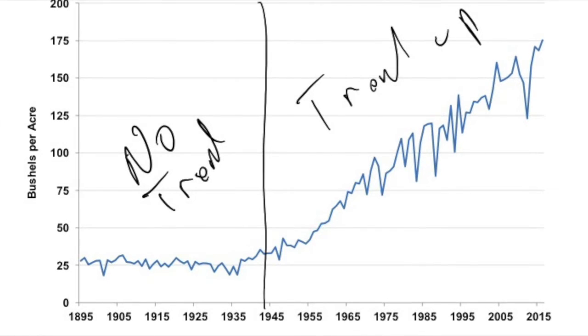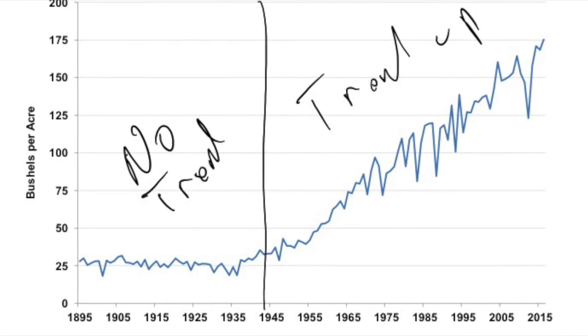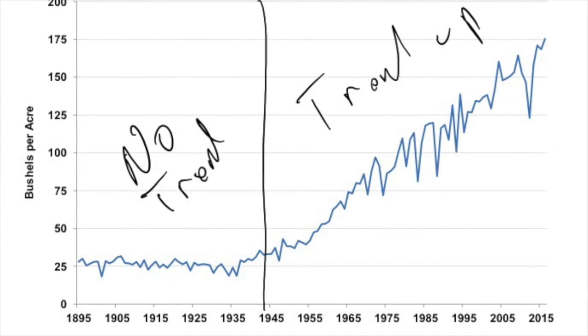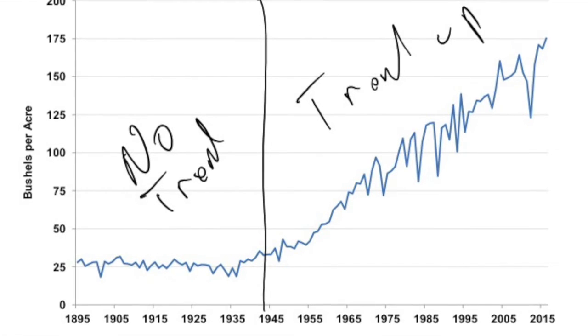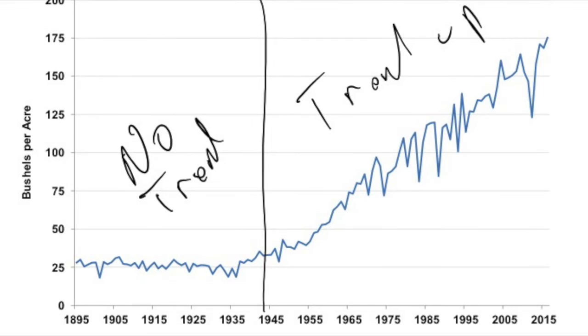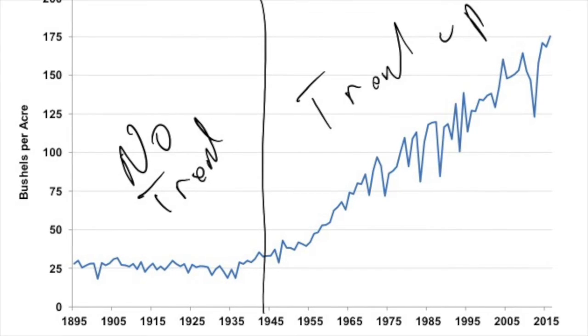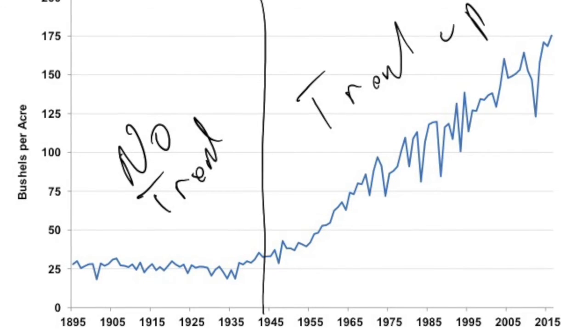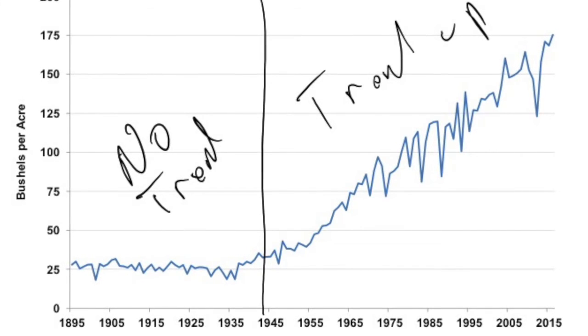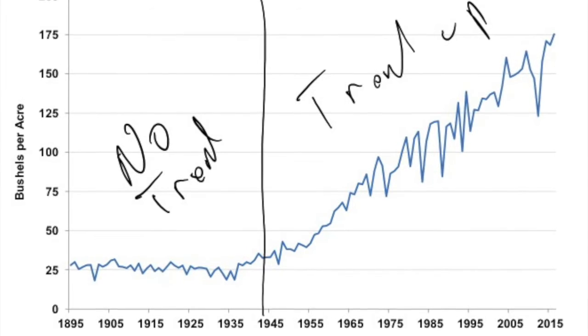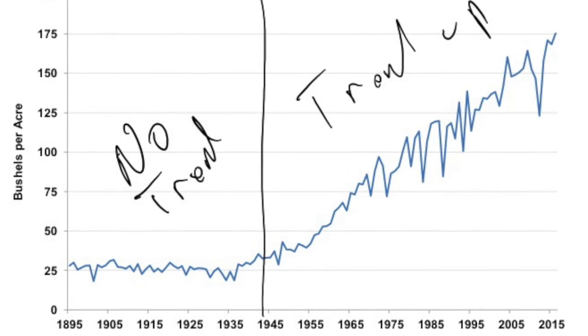They roughly averaged 25 bushels per acre. You can see there in the 1930s they were actually lower than that. That was a period of extended drought throughout much of the United States. Those were the Dust Bowl years. So we had no trends overall from 1895 through the 1940s.